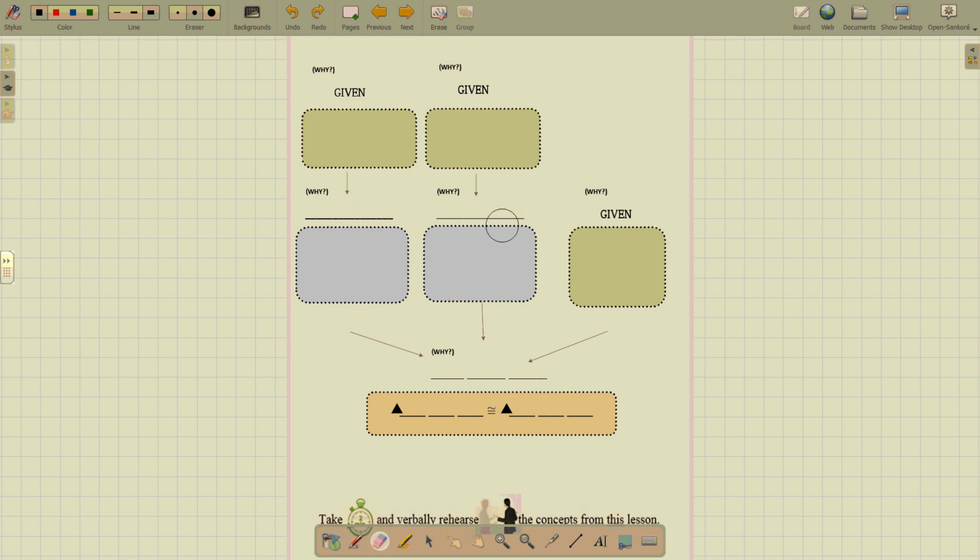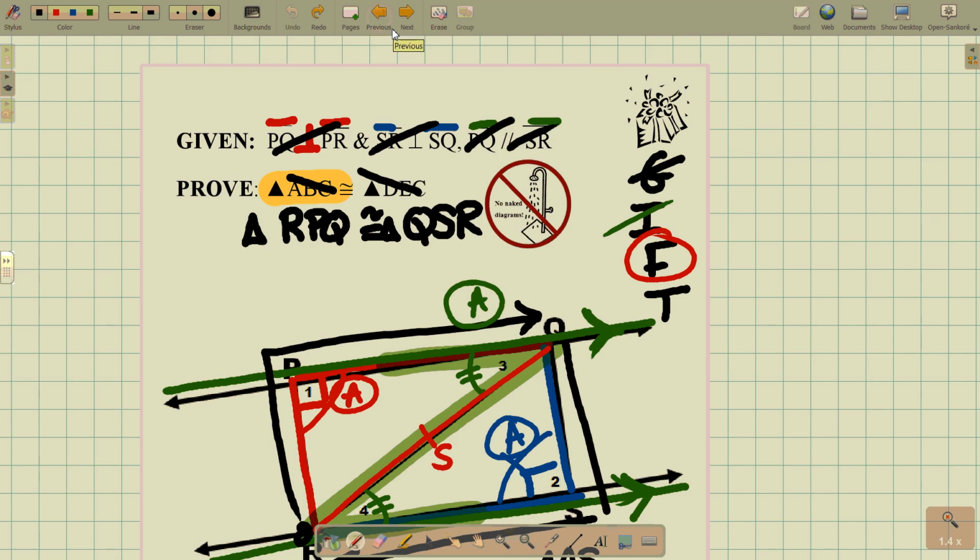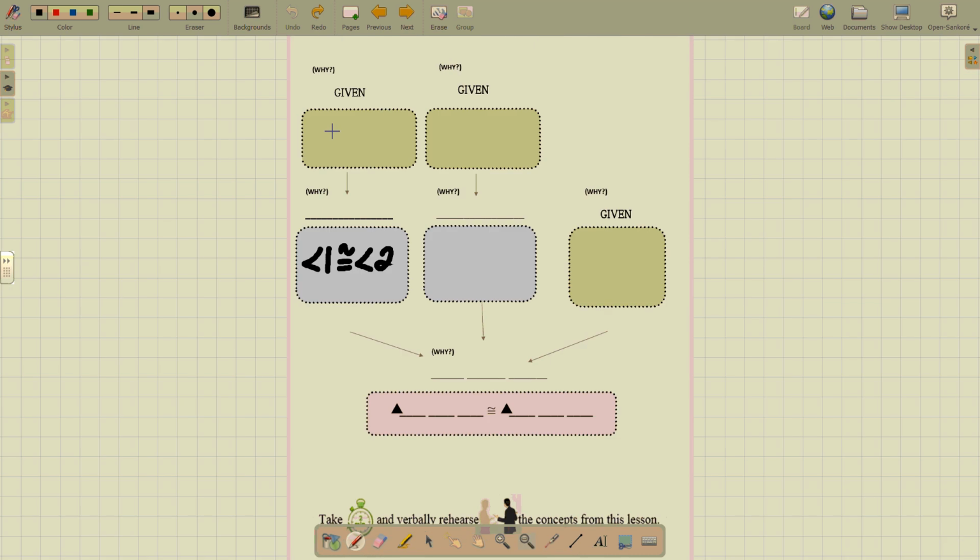Let's fix this. There's actually 3 pieces going on here. First we had to get angle 1 congruent to angle 2. And that was because of both the perpendiculars, PQ, PR, SR, and SQ at the same time.